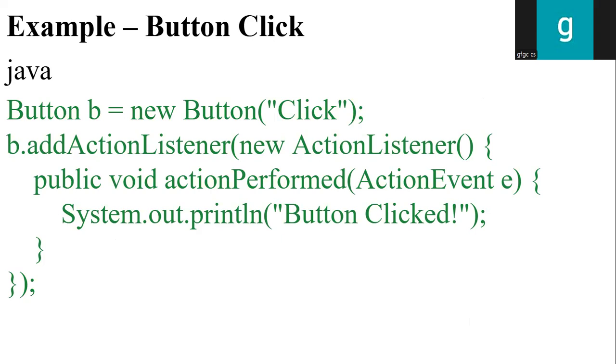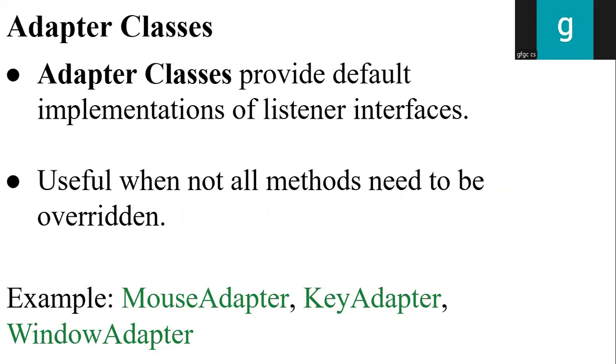Then I registered it by using b.addActionListener, the ActionListener interface registration. Now I am overriding the method of that particular interface: public void actionPerformed is the method of that ActionListener. There I have to pop up the message, button click.